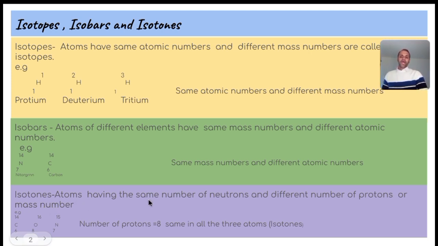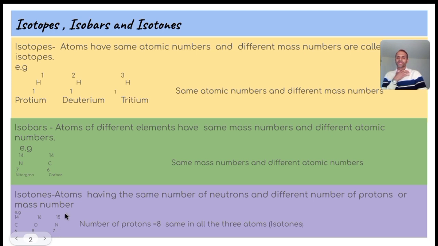Isotones are atoms having the same number of neutrons and different numbers of protons. Different numbers of protons means different atomic numbers, but they have the same number of neutrons. For example, carbon C6, 14, oxygen, a different element, 8, 16, and another one, nitrogen, 7, 15.